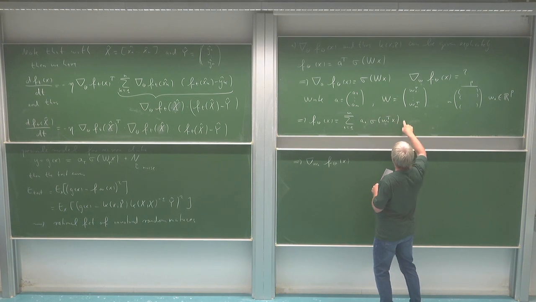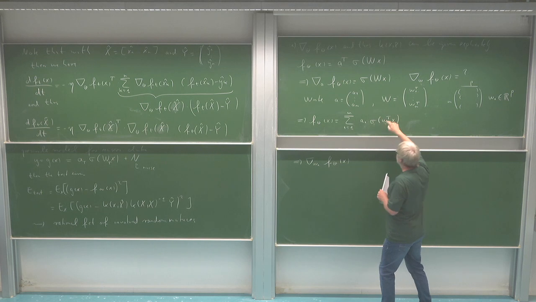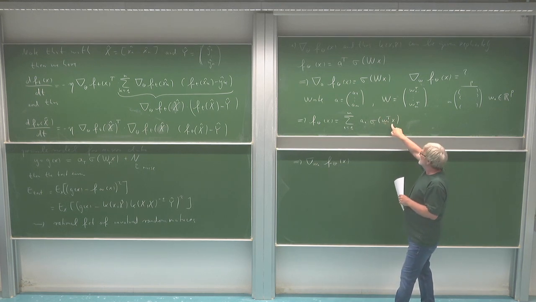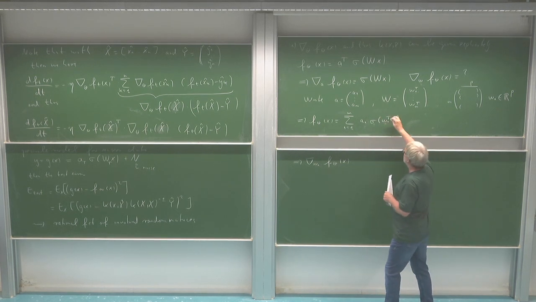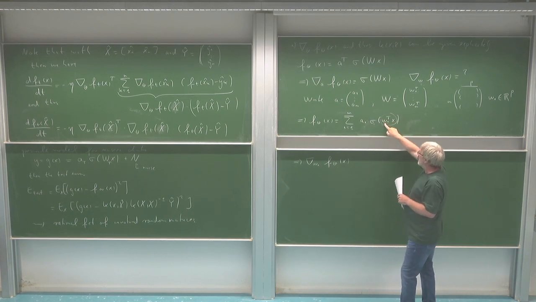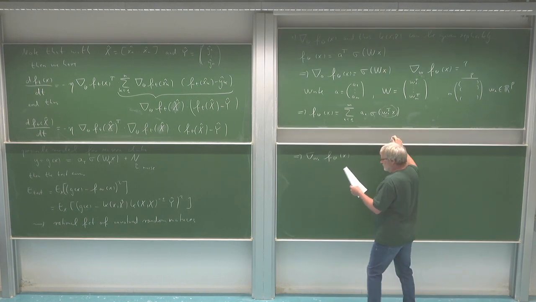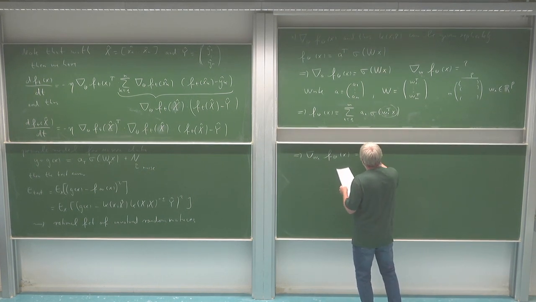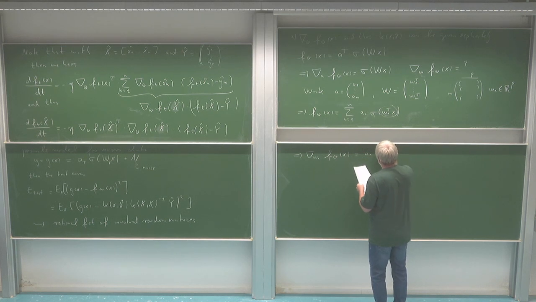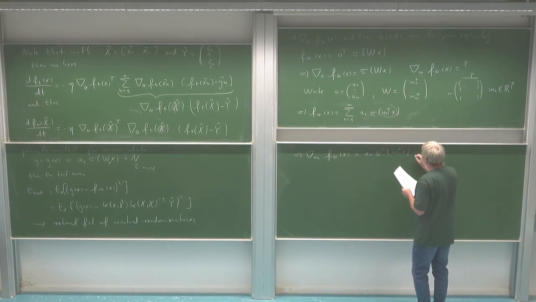I get the derivative of this function, the outer derivative, and then I have to take the inner derivative, which is just x. The derivative of the inner function with respect to wi is just the x. That's as before. So what I get here is just ai times the outer derivative of what I have there, wi transpose times x, and then the inner derivative is x.